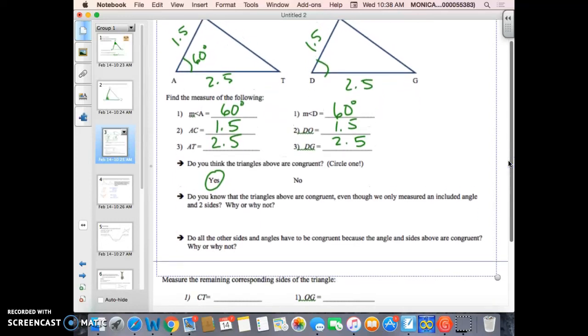And then it says, do you know that the triangles are congruent? No, we don't have enough information yet to prove that they are congruent, but we're going to find out in a second that in fact they are congruent triangles.